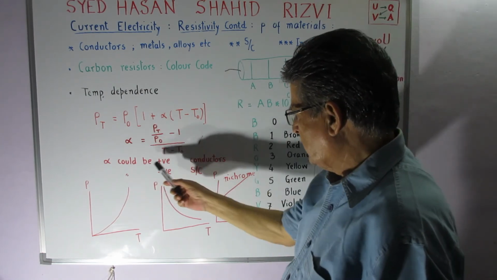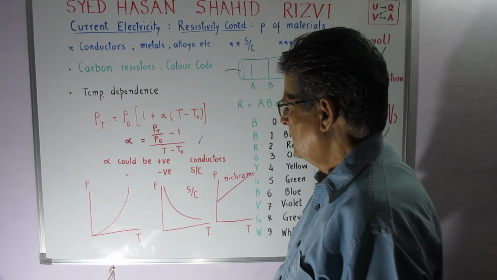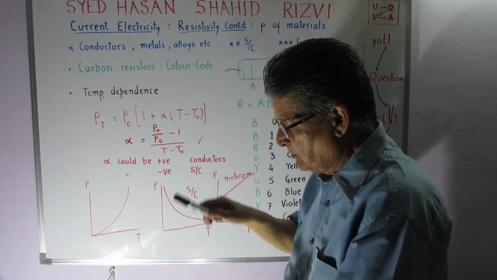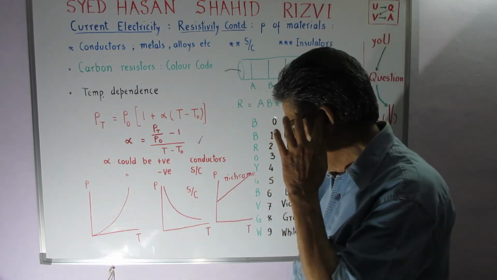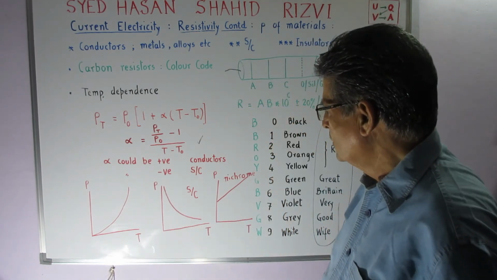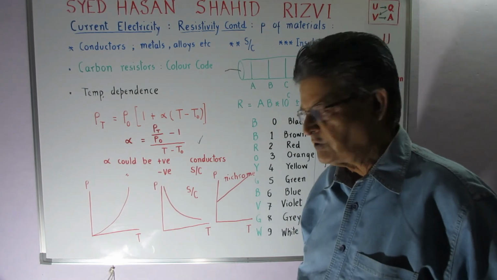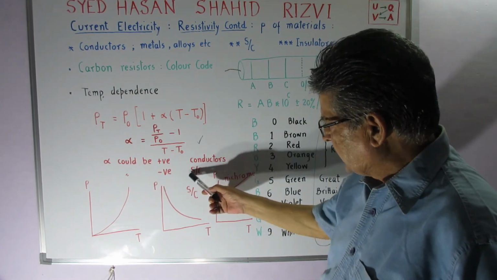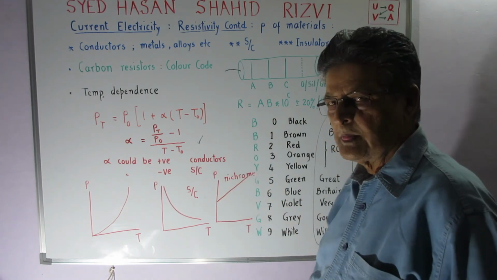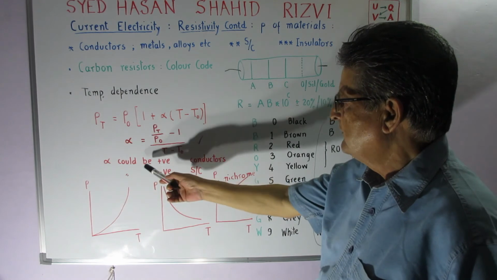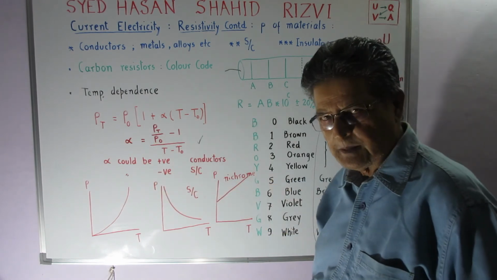This alpha is positive in the case of conductors, because the electron motion becomes more disturbed and there is less order at higher temperatures. But in the case of semiconductors, interestingly, the value of alpha is negative.